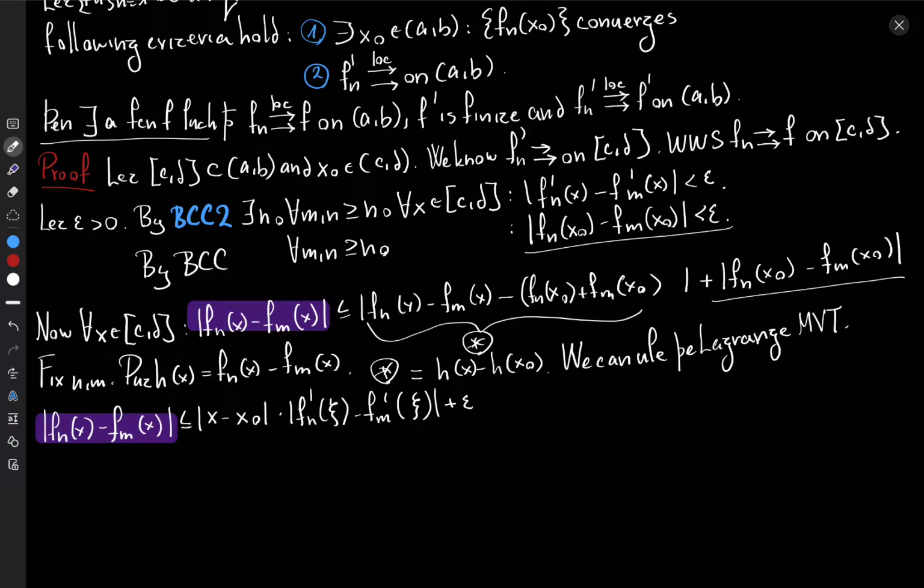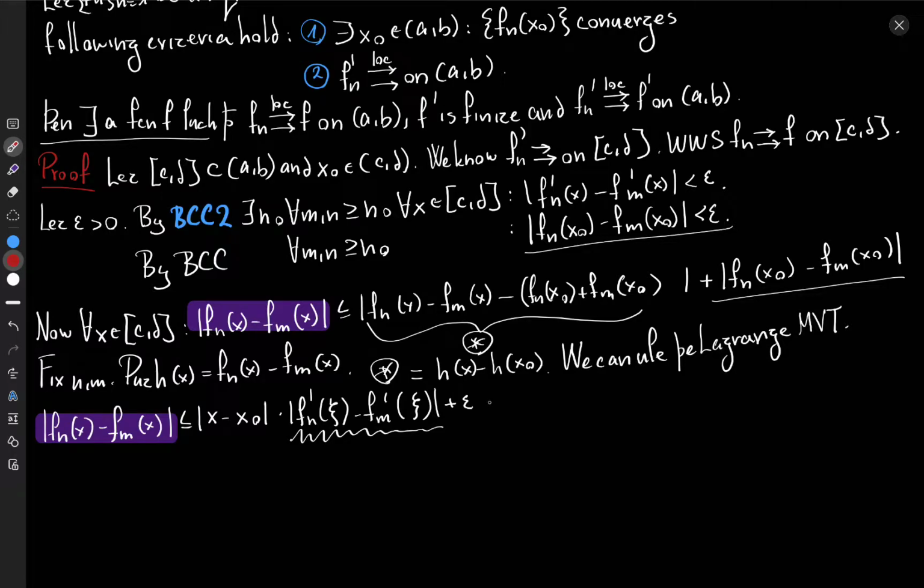What do we do now? We were very clever, and we know, actually, that this bit is smaller than epsilon from up here. Alright, well, that's good news. Because this bit up here tells us that these two functions, well, their derivatives, are smaller than epsilon for all x from the interval. And xi from the Lagrange mean value theorem is from this interval.